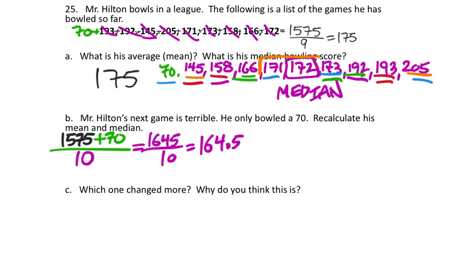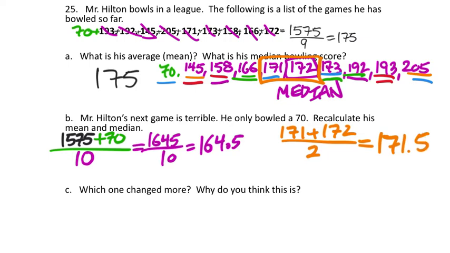And now with the second set, we have 2 values right in the middle, which are 171 and 172. Technically we'd add these together and divide by 2, or you could find the number right halfway between, so that'd be 171.5. That would be his new median.